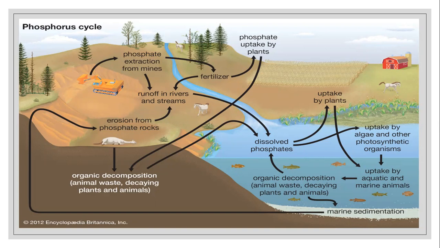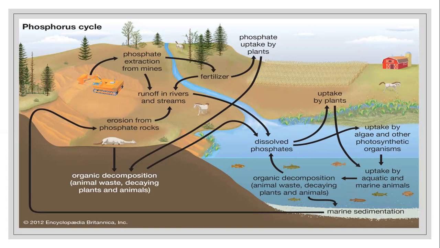Now we look at the phosphorus cycle in aquatic ecosystems. So basically the same thing happens in the aquatic ecosystem. The deep ocean sediments are important phosphorus sinks because they contain phosphorus. Phosphorus usually binds to soil particles and enters waterways through sediment runoff.